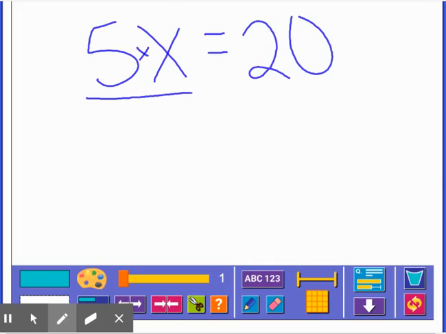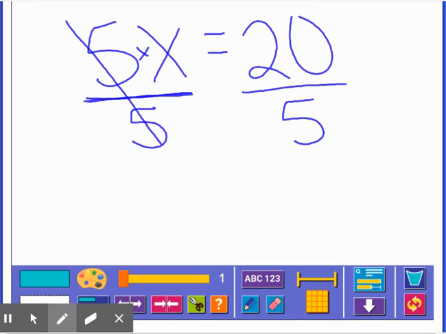So to divide, I always put my little division symbol. Remember, our line can also mean division. So this means 20 divided by 5 and 5 divided by 5. So if I have 5 divided by 5, my answer would cancel out or be 1x, which is just x.